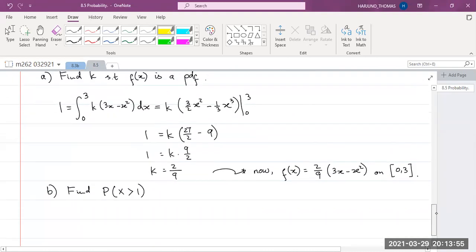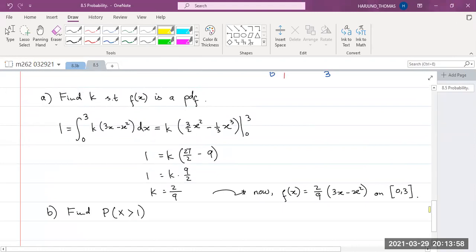Hey, Thomas, I have a quick question about the last part. So the question was find k so that the function f of x is a probability density function? Does f of x have to equal 1? Or the area under the curve has to equal 1.